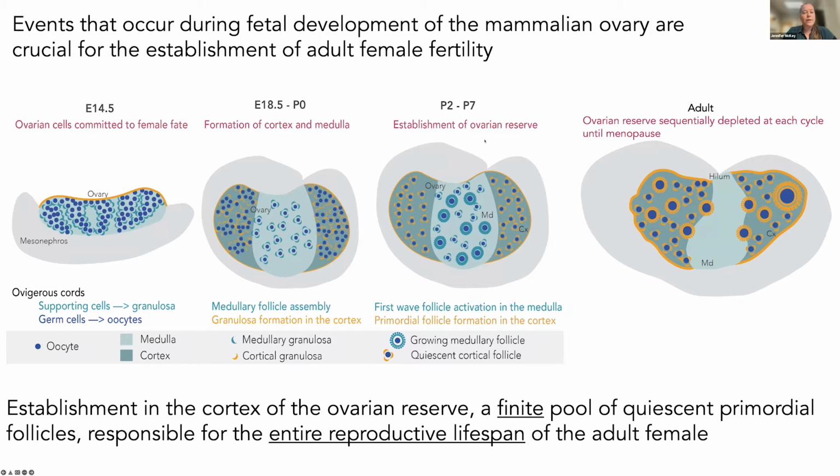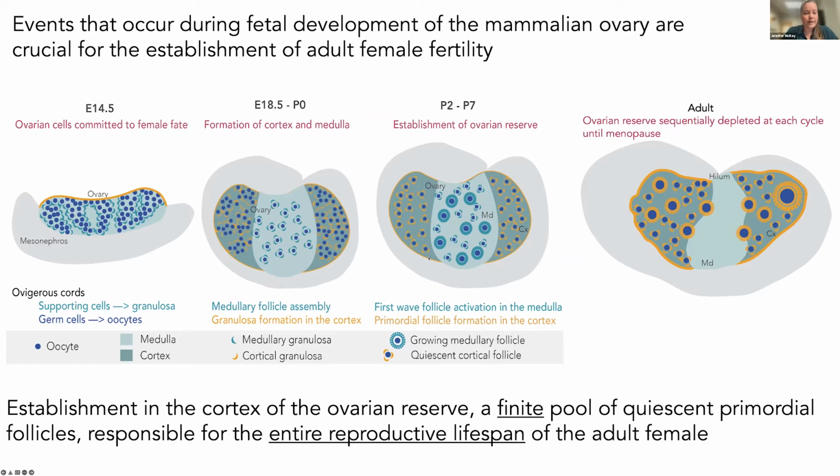Importantly, the follicles that are assembled in the middle of the ovary, in this region called the medulla, will initiate growth shortly after birth, but they'll all be depleted by the onset of puberty and do not contribute to fertility past the first litter. In the meantime, oocytes that find themselves closer to the surface of the ovary, in this region called the cortex, become supported by newly differentiated granulosa cells in the perinatal phase, during late gestation, and assemble into primordial follicles.